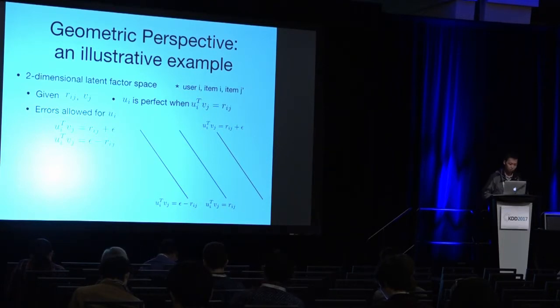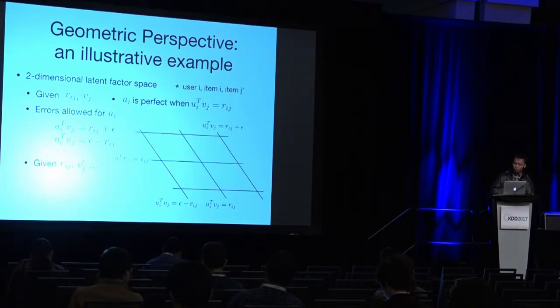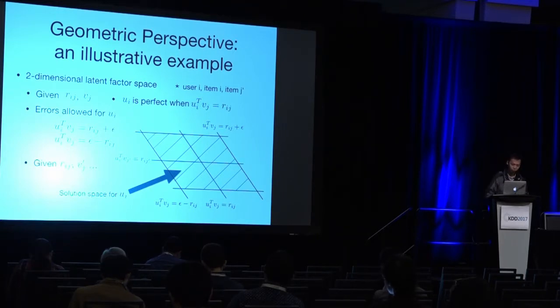And similarly, if we have another rating Rij prime and a Vj prime, we can have 2 more red lines and 1 more blue line, and then the solution space for this example is in this diamond area.